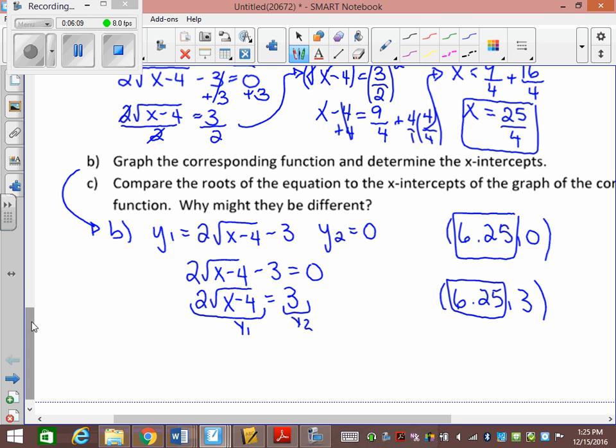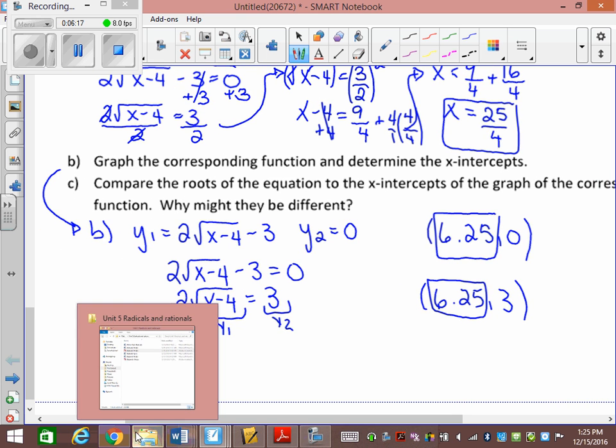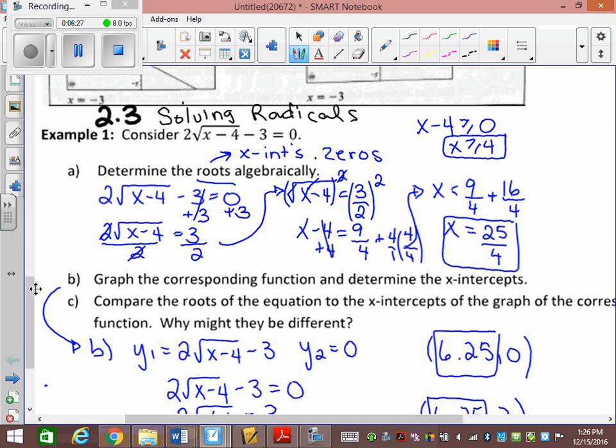So C, compare the roots of the equation to the x-intercepts of the graph of the corresponding function. Why might they be different? When you find the roots, you might get 2 roots, but your calculator only has 1.